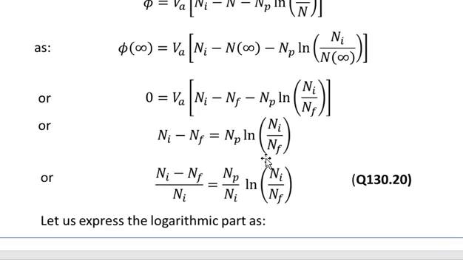So you see that here I have a term log of Ni over Nf. Let's express the logarithmic part in the following form.